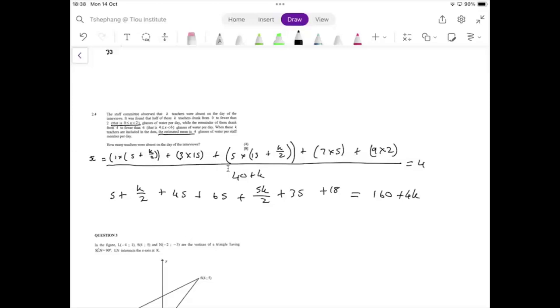And then if we clean it up, we're going to have 3k plus 168 is equal to 160 plus 4k. You can clean it up even further and say that k is equal to 8.